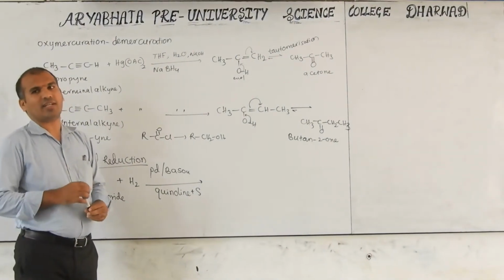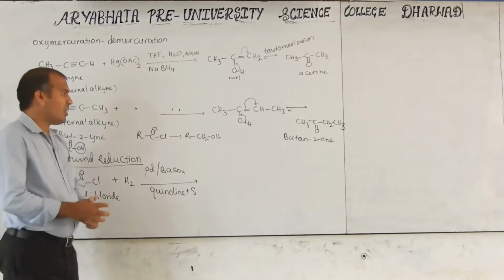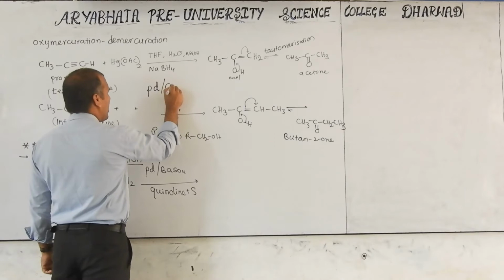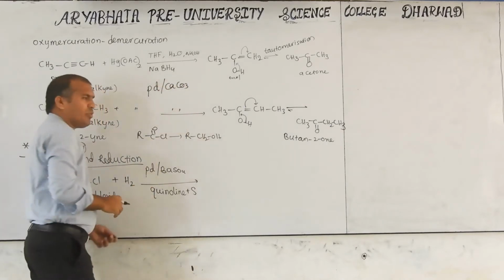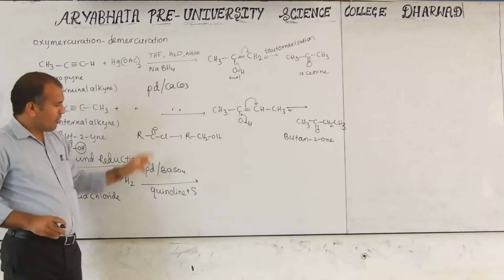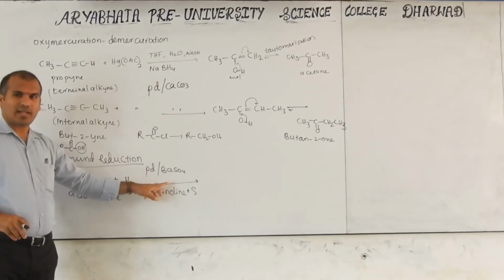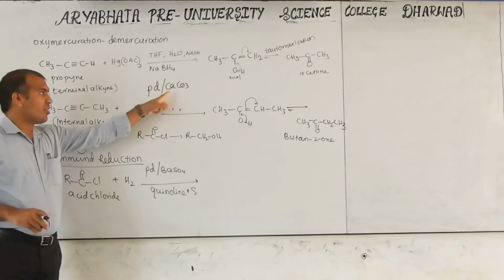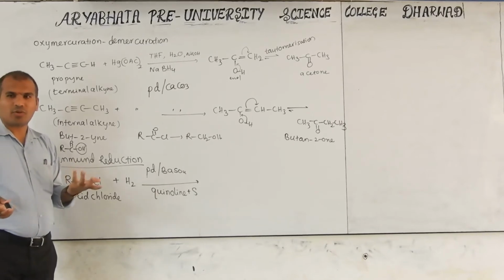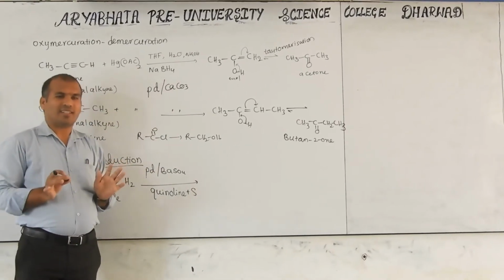You will study Lindlar's catalyst in the first year: alkyne converted into alkene. Palladium with calcium carbonate is called Lindlar's catalyst. When you use barium sulfate, it is called the Rosenmund reduction catalyst. That is the difference. Students don't know, and suddenly they will not observe calcium carbonate or barium sulfate, and they will write the answer.